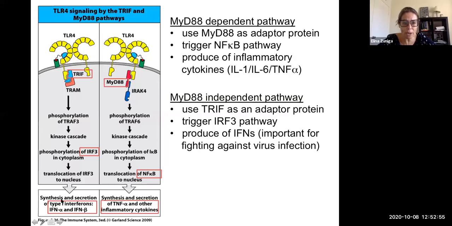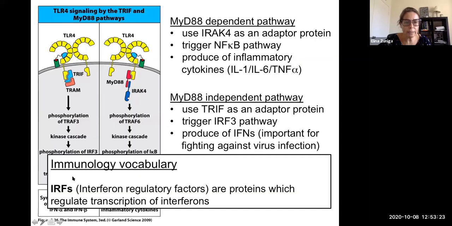And these type 1 interferons are a group of proteins that include interferons alpha and interferon beta. There are about 13 interferon alpha isoforms and interferon beta, and we will see in the next slide what they do. But they are important also for alarming and destruction of the pathogen.